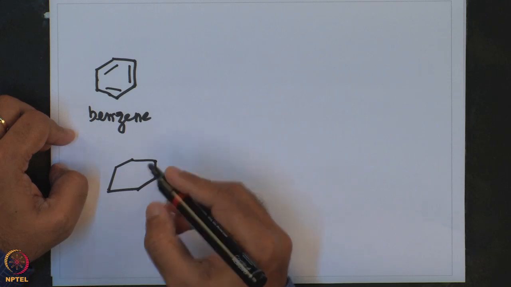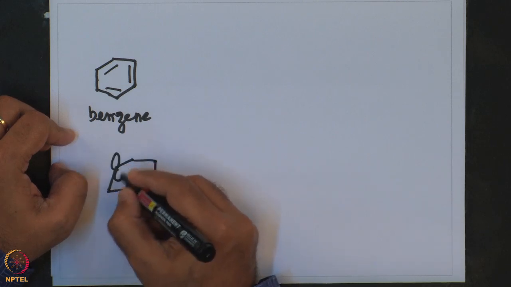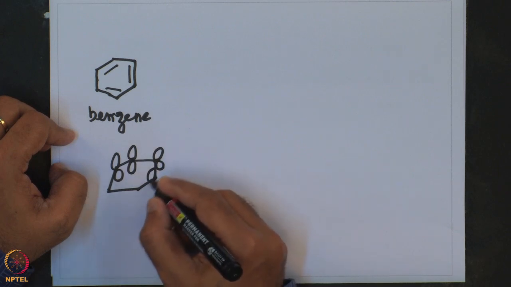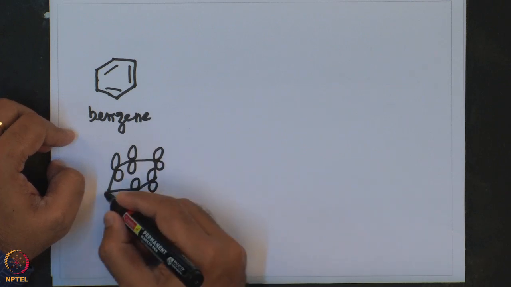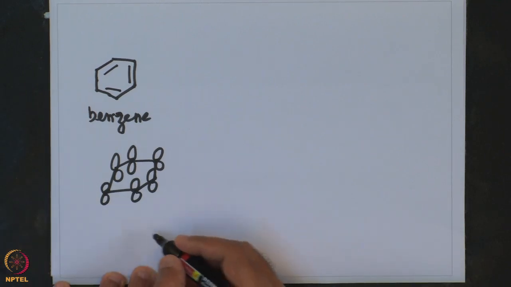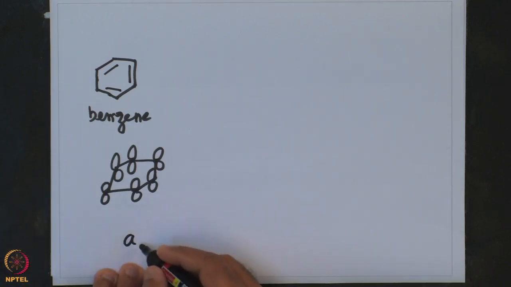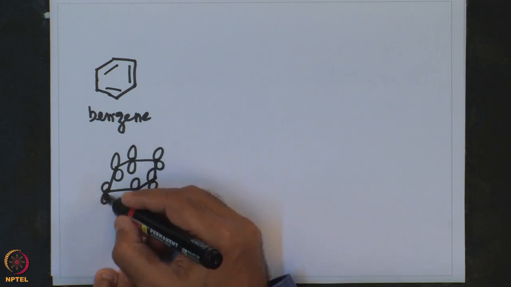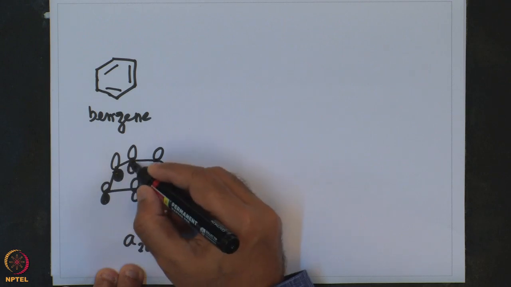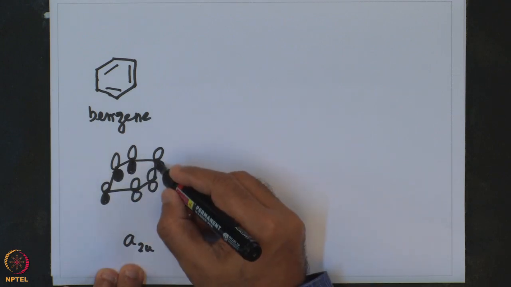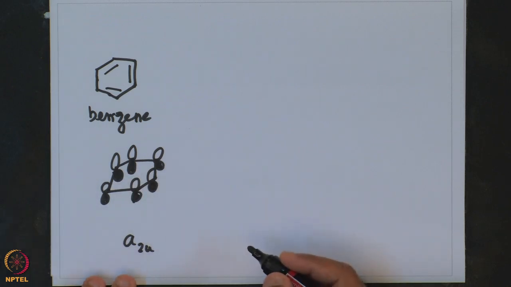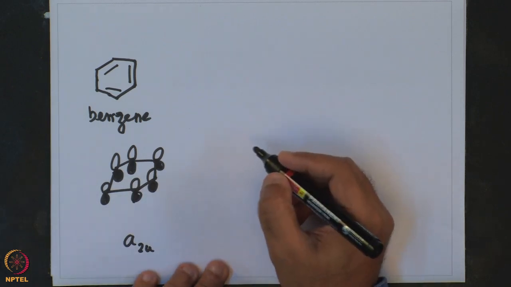The first obviously is the all bonding orbital, which is A2U, and in this all the nodes are at the bottom the way it is shown.